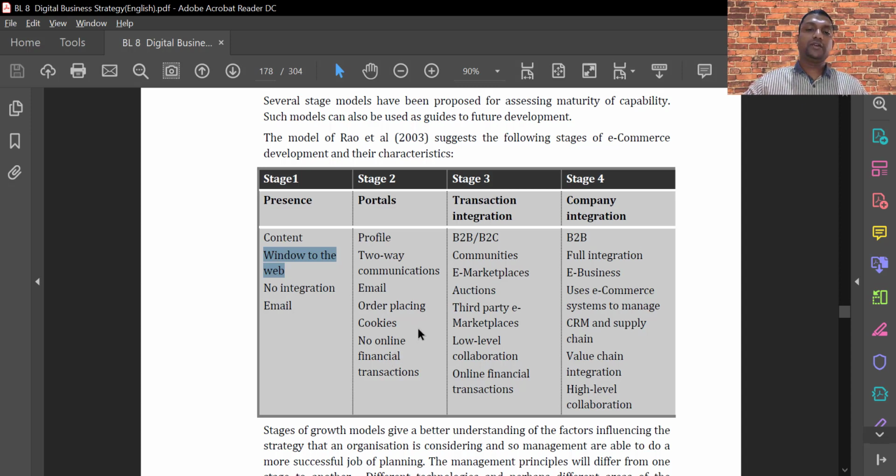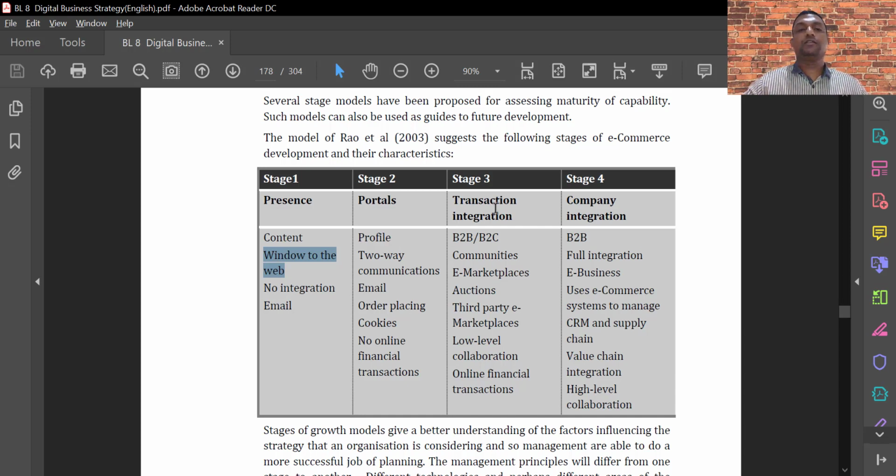Two-way communication is possible. Customers can contact the organization, they can give their comments, complaints and all that. So this website can become a portal with this functionality. So that's stage 2.